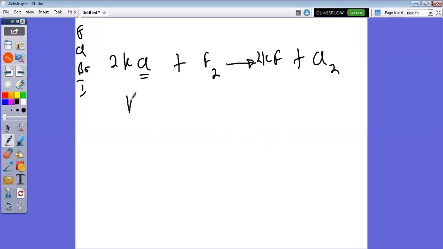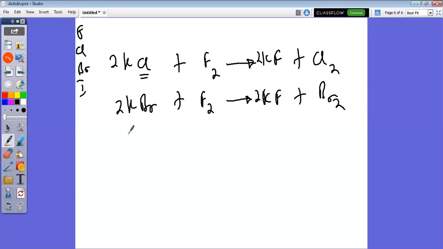Now, if I have potassium bromide plus fluorine. Fluorine can displace all because it's the one on top. So again, a reaction will take place, potassium fluoride plus bromine. Are we together there? If I have potassium chloride plus bromine, can this reaction take place? No. It cannot take place because bromine is below chlorine.